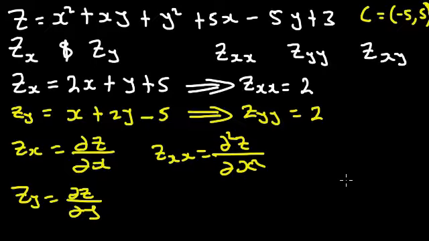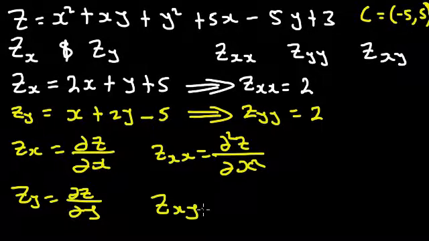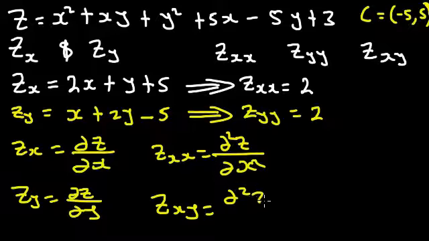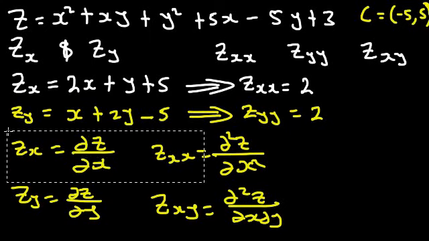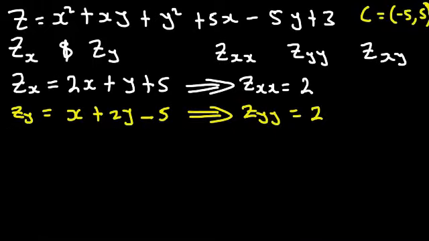Then you have it for z sub yy as well. And for the cross z sub xy, that's ∂²z/∂x∂y. And if y comes first before x, you have to follow that order for this one as well. So I think I just need to clarify that, for those who might wonder why I am using z sub x, z sub y. This is much better to write, and it's more flexible, so I prefer using it.